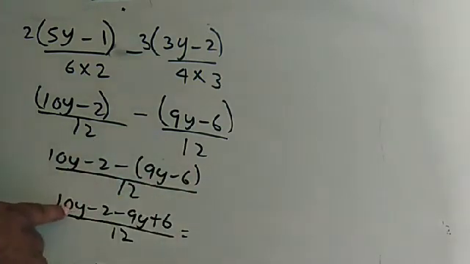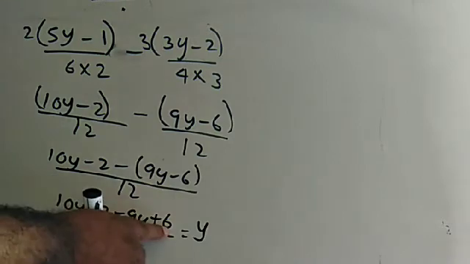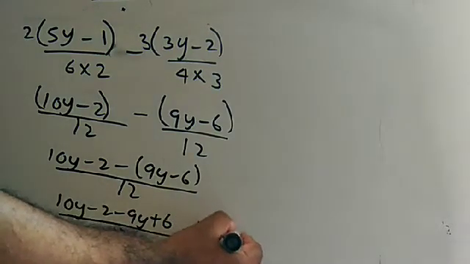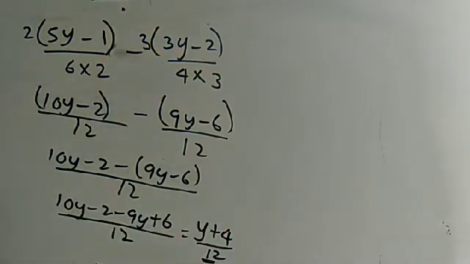Then final answer: 10y and 9y are like terms. 10y minus 9y, y. Minus 2 plus 6, like terms, 6 minus 2, 4. y plus 4 upon 12. This is the final answer. Understand? Right. Another one.